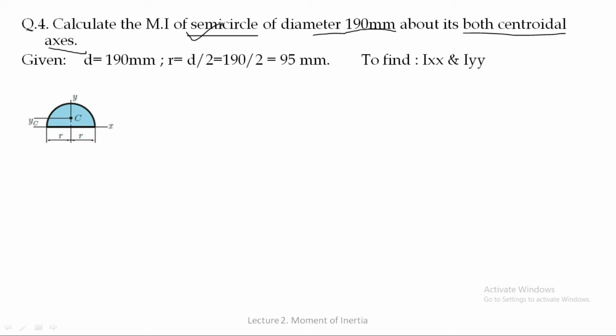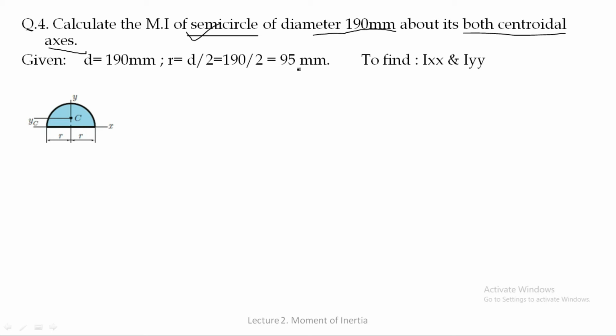The formulas that we have learned for semicircle and quarter circle are in terms of R, that is, in terms of radius. So how much is the radius? Radius is half of diameter. Diameter is 190, 190 divided by 2, so the radius is 95 mm.